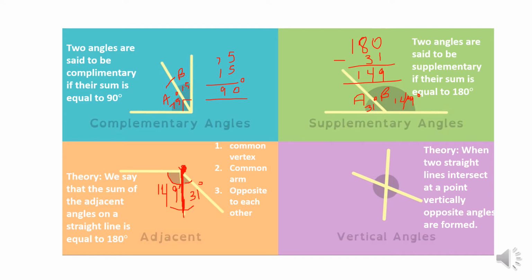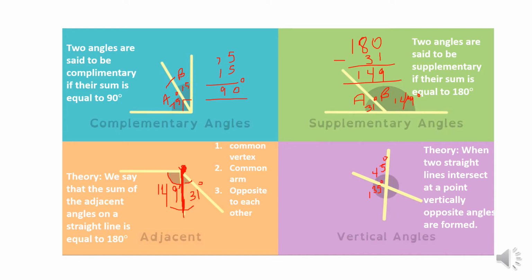And further, vertically opposite angles are always equal. So let's say this is 45 degrees and here is 135 degrees.